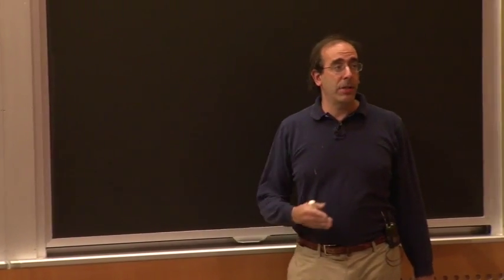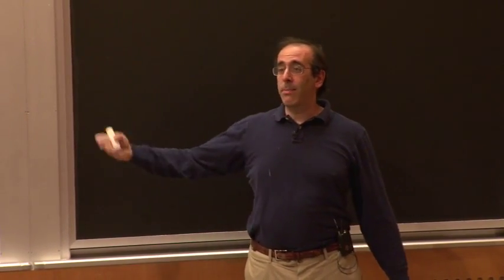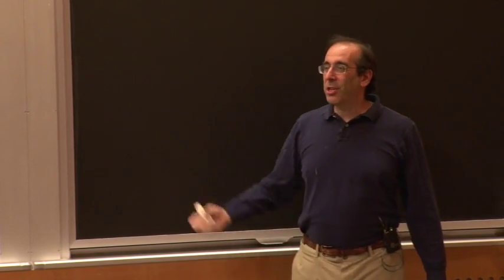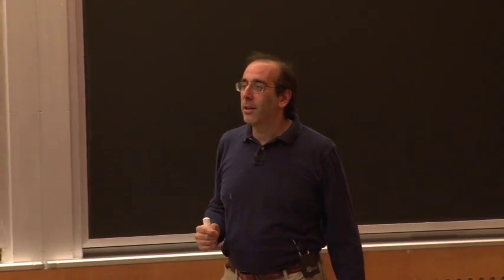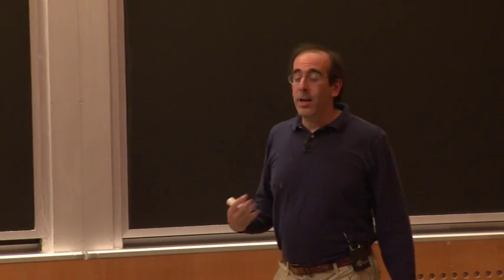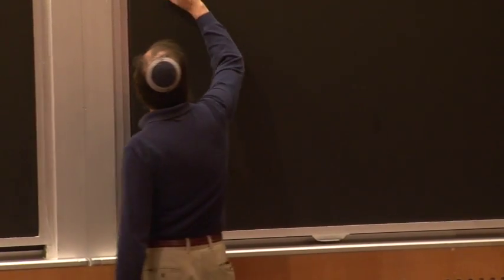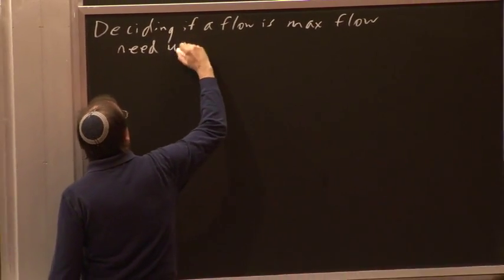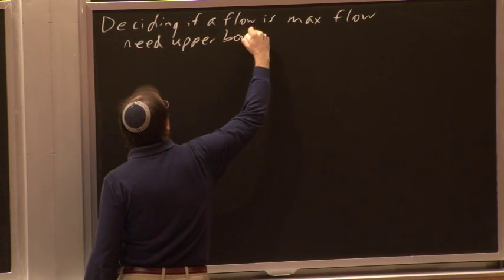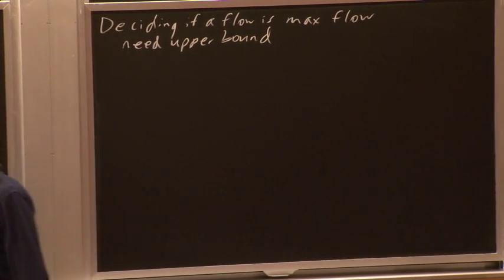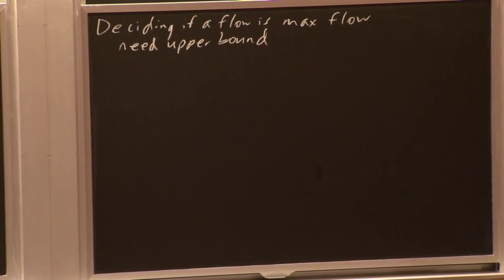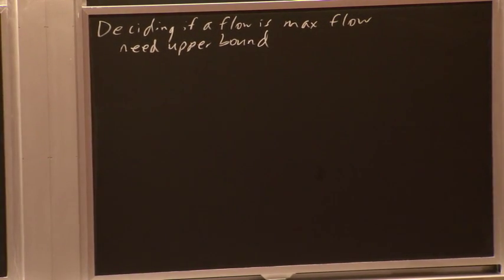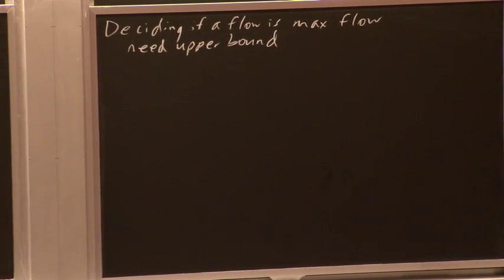So in the most general sense, if you want to prove that this is the maximum possible value, what do you essentially have to prove? Yes? So that every other value is smaller? Every other bound is smaller. In other words, you need an upper bound. In order to prove something's maximum, you have to prove that there's nothing bigger than that value. So you need to prove that you have an upper bound.